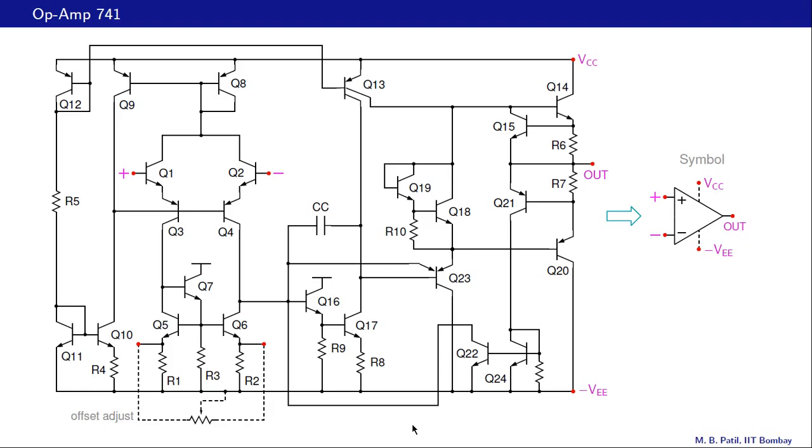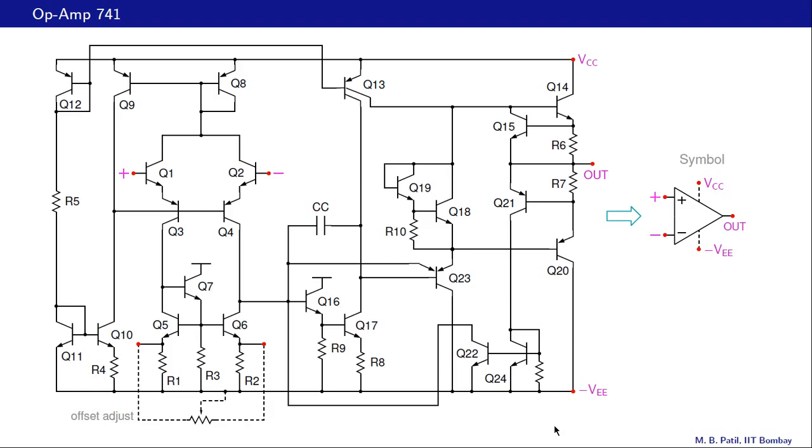It is. But it's possible to analyze it stage by stage. So there is the first stage here. There is a current source which supplies the first stage. Then there is a second stage, and there is an output stage, etc. And this analysis can be found in a few textbooks. A very nice systematic analysis of the 741 op-amp is indeed possible.